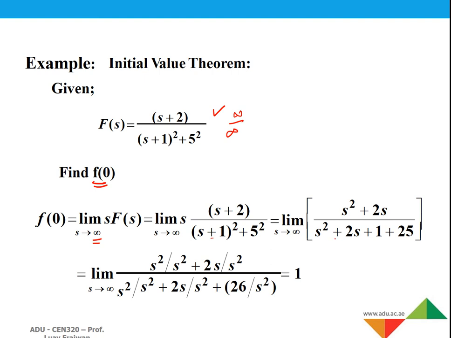This is (s plus 1) squared, so this will be s squared plus 2s plus 1. Now here if I take s squared common, it will be 1 plus 2 over s.